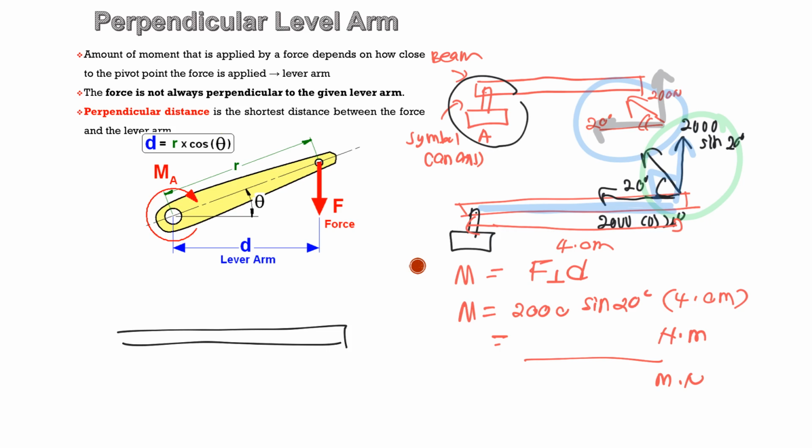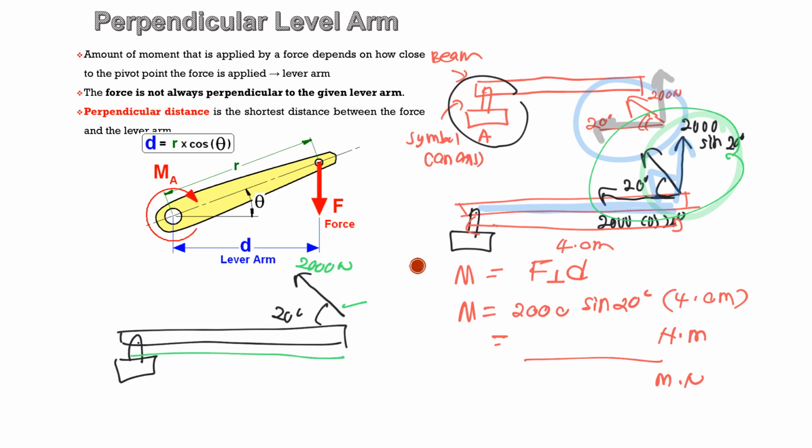So you have the force here. Now I'm going to put it outward at 20 degrees, and I put the hinge over here. Before this, we resolved the force. Now I don't want to resolve the force. I want to use this force of 200 Newton, but I want to resolve the lever arm.